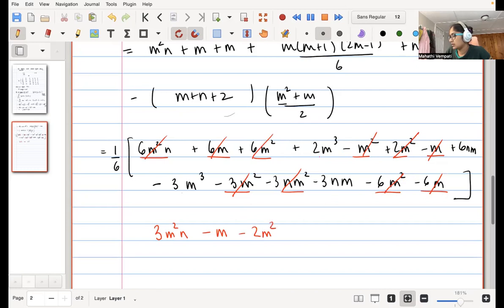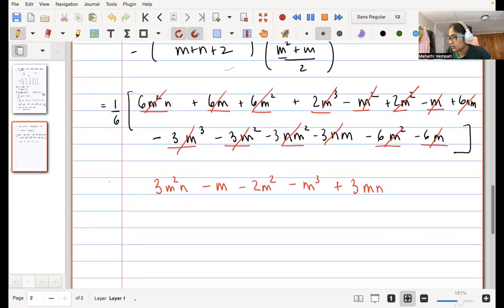Okay, great. 2m cubed, minus 3m cubed, minus m cubed. 6mn minus 3mn plus 3mn. Okay. So 1/6 of this.